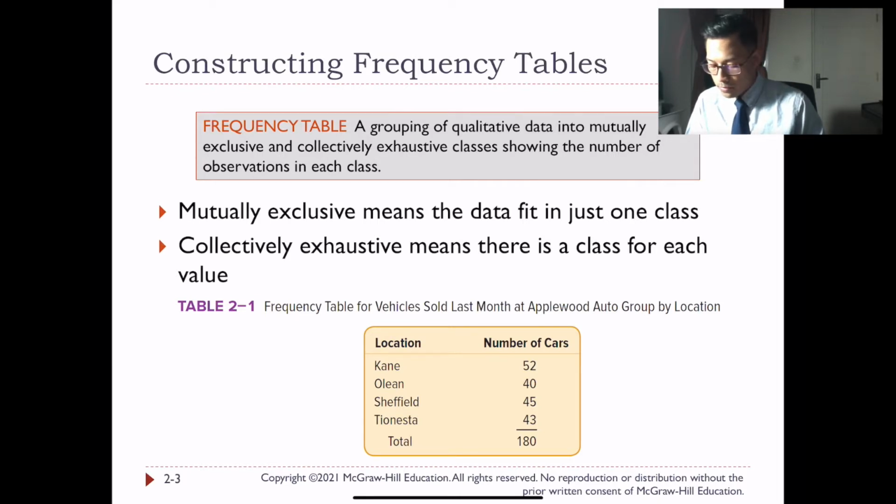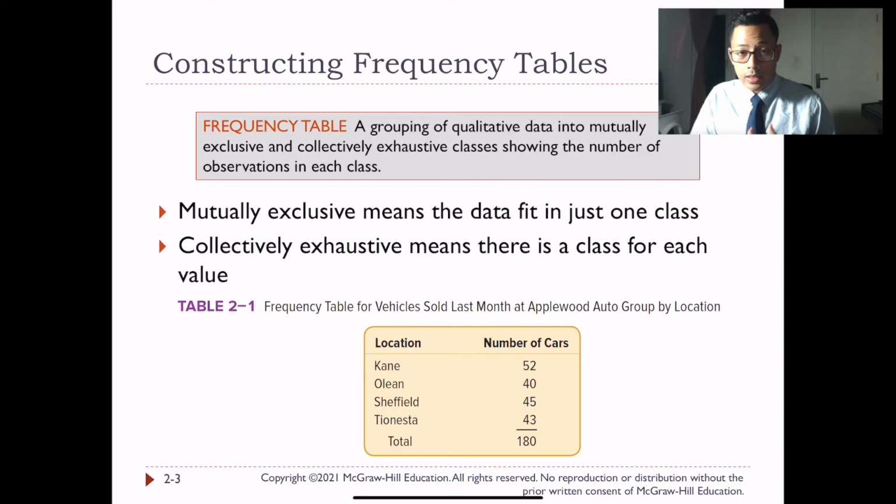It is mutually exclusive, which means that the vehicles sold must be in Kane, in Olean, in Sheffield, or in Tionesta. And it also has to be collectively exhaustive, meaning that all 180 cars sold have to fit in one of the 4 classes or locations. So they have to be collectively exhaustive.